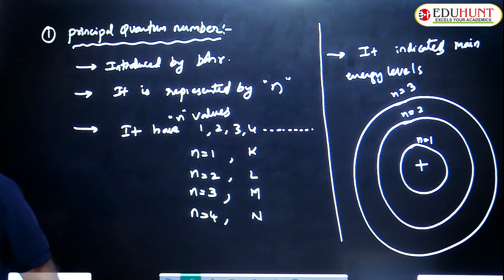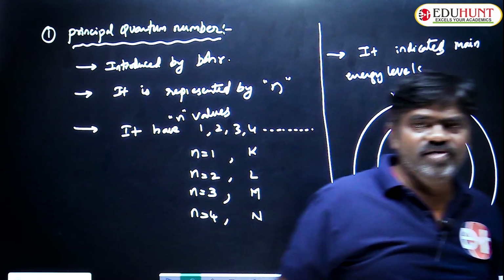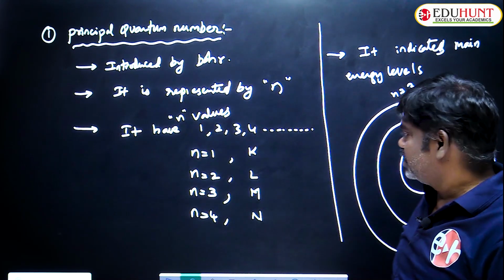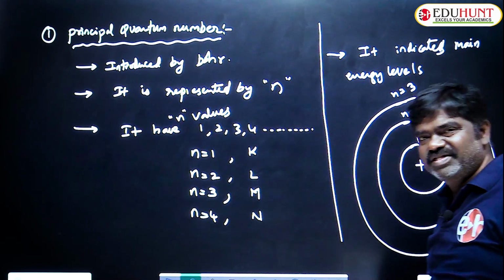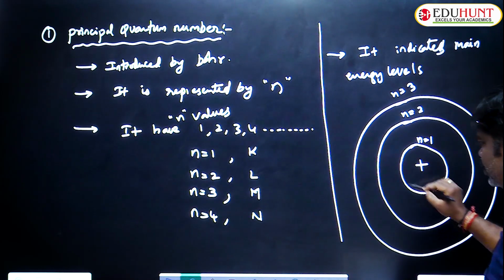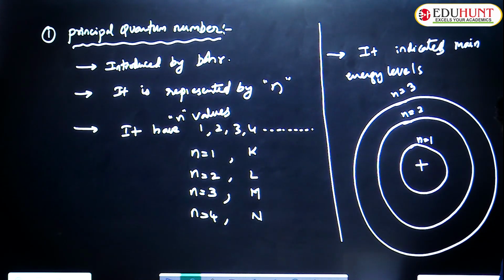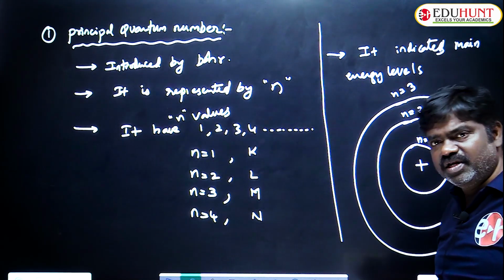As the n value increases, the size of the atom also increases. Why? Because if n is equal to 1, this is the radius of the orbit, the radius of the shell.